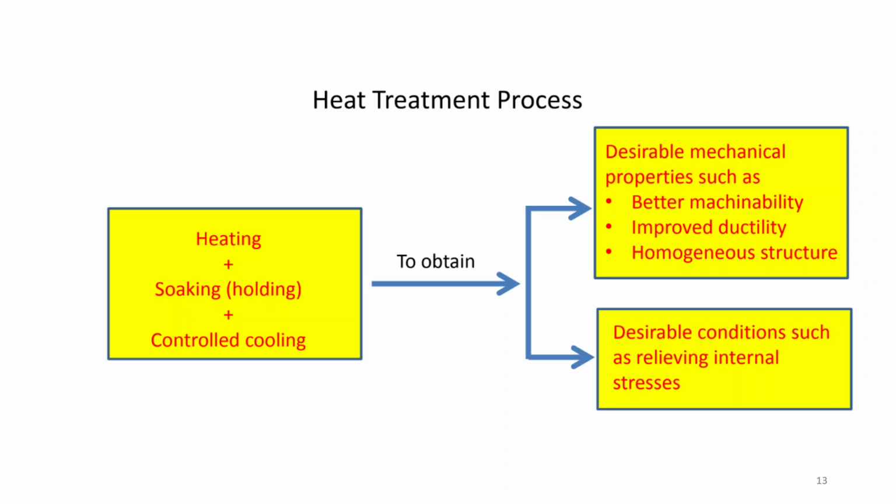Cooling can be in air, it can be furnace cooling, or it can be quenching in oil or water. This gives you desirable mechanical properties, which can be better machinability, improved ductility, homogeneous structure, and desirable conditions such as relieving internal stresses.